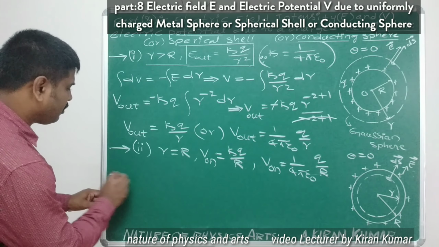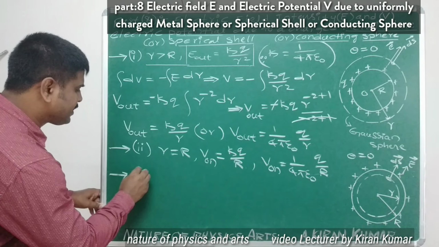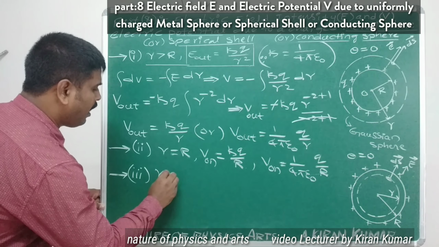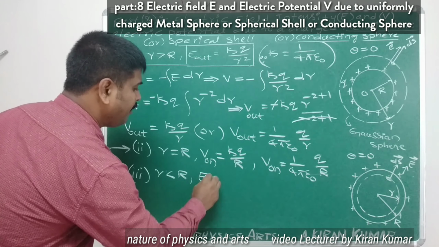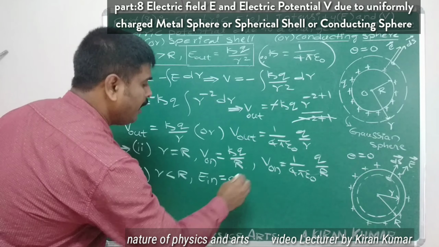And the next, third one, is inside, so small r is less than capital R. Here the E_in value is equal to 0.